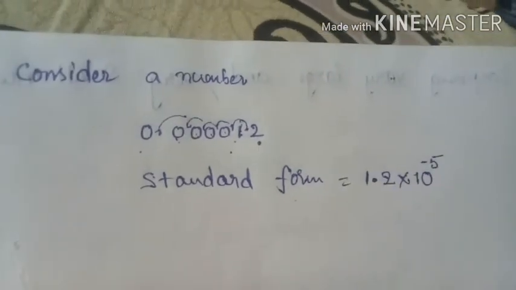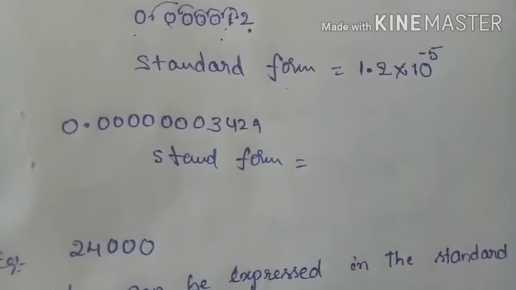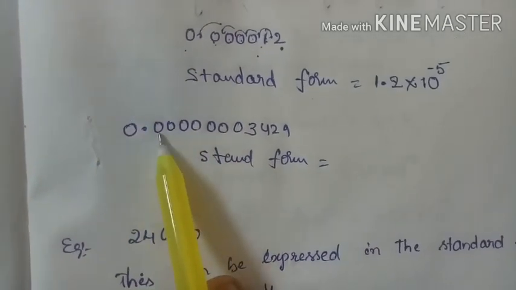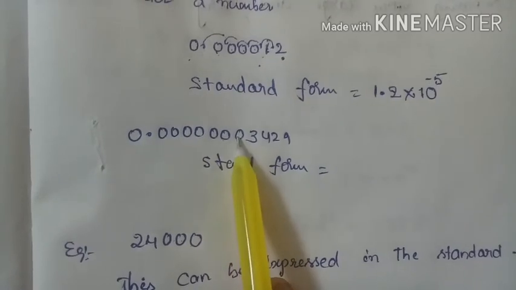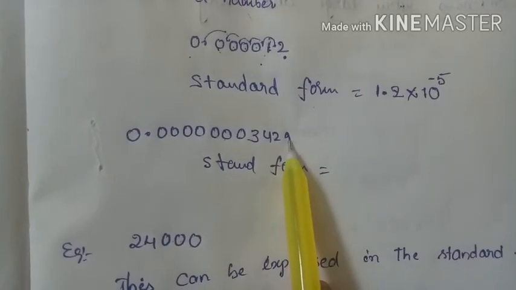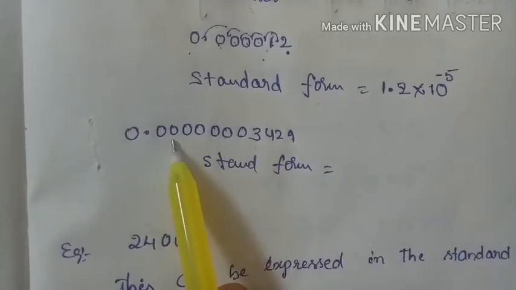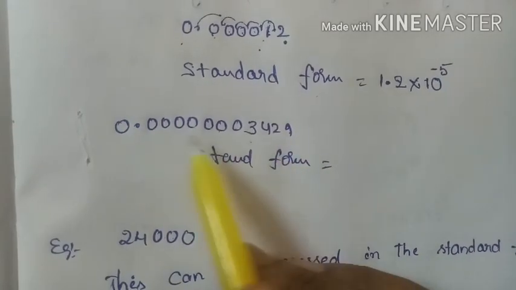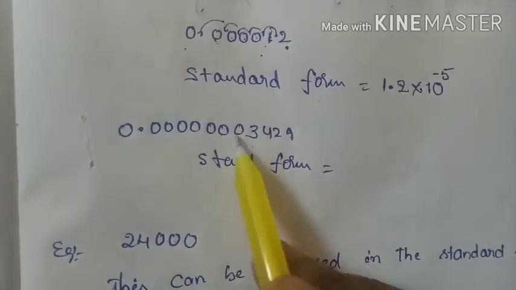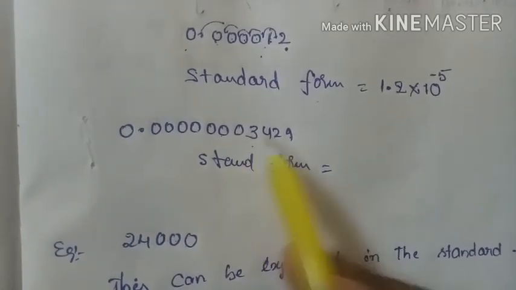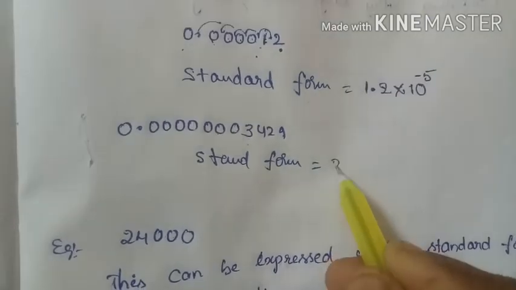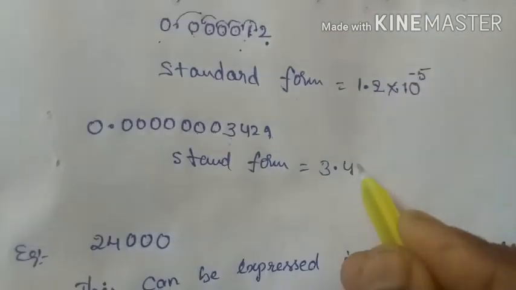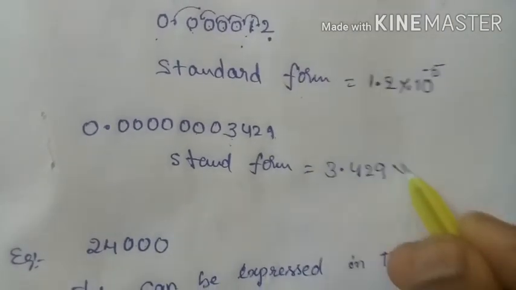Okay, one more example. Now tell me what is the standard form of 0.0000003429. Same. Find the decimal point. Where should we keep it? So these are all zeros. So go for the first digit here. Go for 3. So 3, after keep the decimal, and the remaining part should be written: 429, and into.